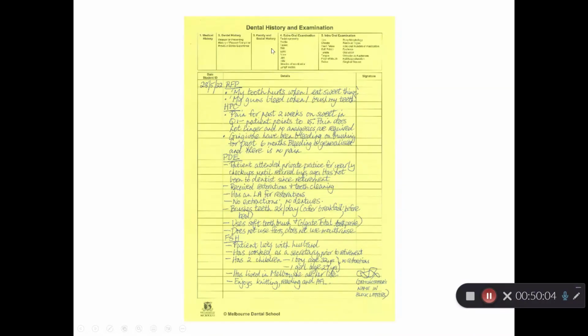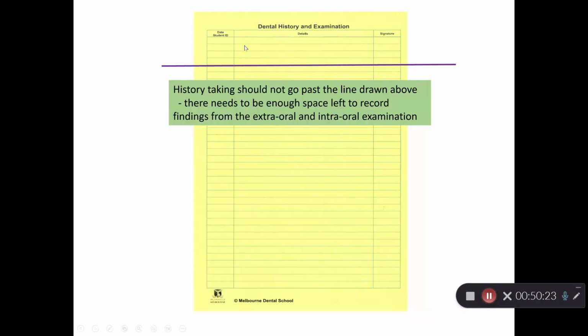Okay, that's the end of our prac for this clinical session, because the next part is looking into the examination of the patient. So that's the second prac, when you're the dentist on the second occasion. What I will point out though is we only have the 2 pages, the page that was on that previous slide and this second one, which hasn't got the little table up the top.